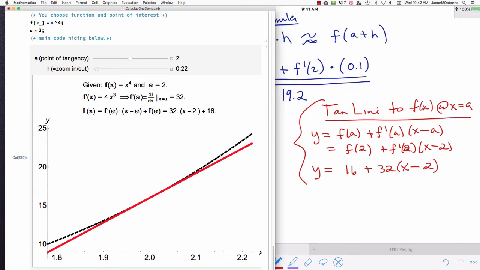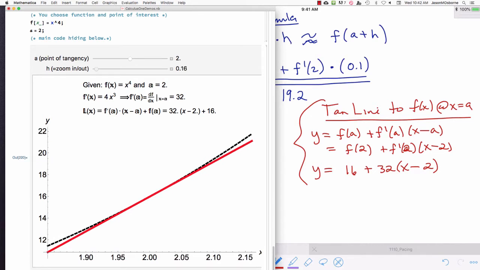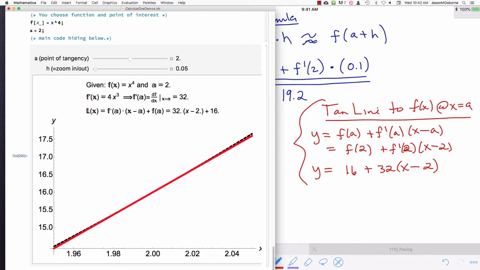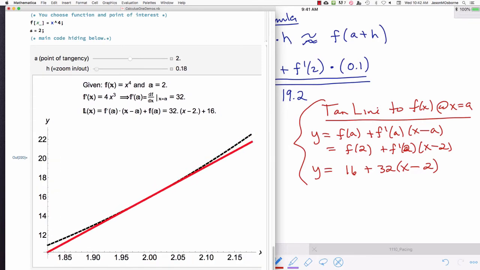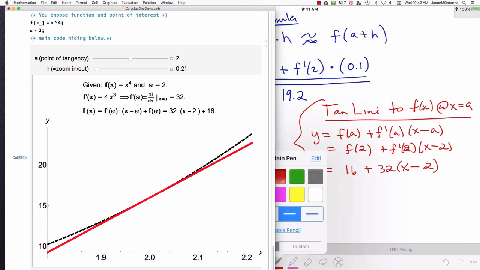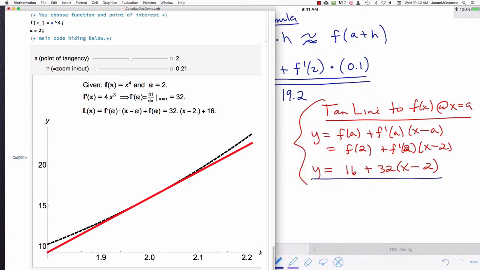But if you zoom in a little bit more, there's no difference between the dotted line, which is the function x to the fourth, and its tangent line. So what is the meaning here? This function is differentiable. The tangent line is a good approximation, which means use the tangent line.